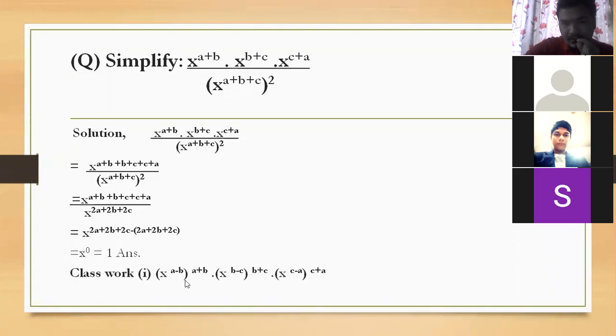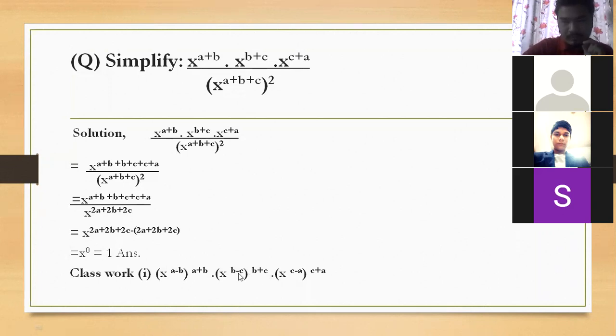I am giving you time to solve this question. You know that when you multiply a minus b with a plus b, what will come? A square minus b square. Very good. Absolutely right. And when you multiply b minus c with b plus c, what will you get?